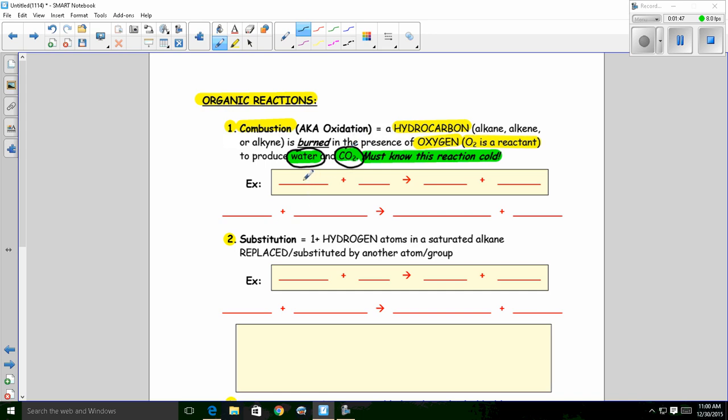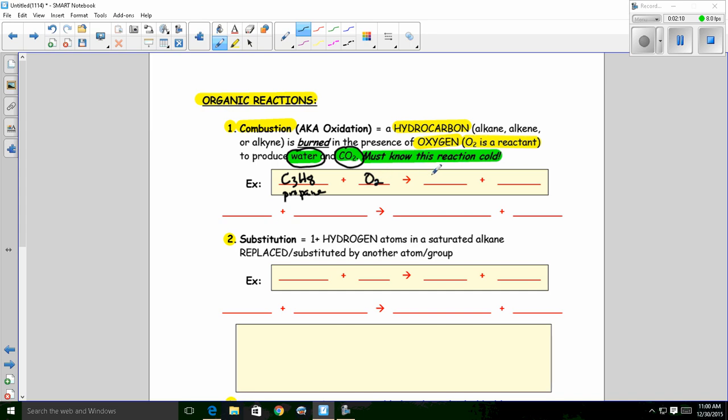So an example would be, if we go with C3H8, this is propane. This is our hydrocarbon, an alkane in this case, and it is going to react with oxygen, O2, oxygen gas. What's going to happen is the process of combustion.